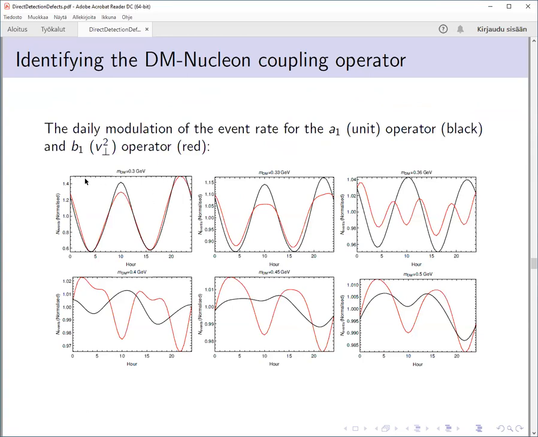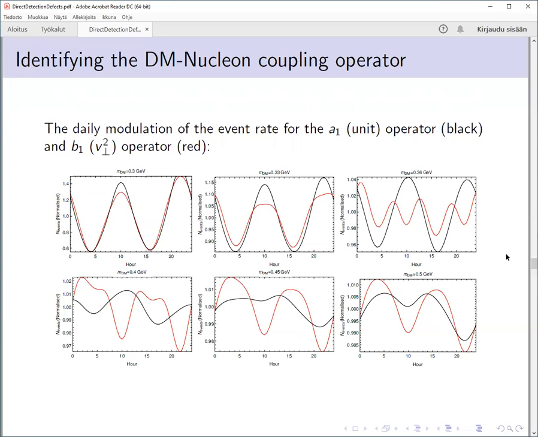This plot shows the resulting modulation of the event rate for two different types of operators. The black one is the one I showed before, and the red one is a different interaction that gives rise to a similar modulation for small dark matter mass, but for heavier dark matter, you see that the structure changes.